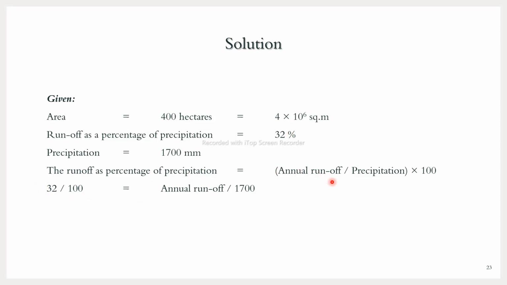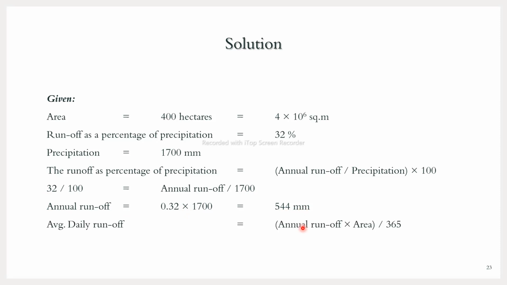This equals the annual runoff divided by the precipitation. Now the precipitation is given as 1700, so we put that value here. So the annual runoff comes to 1700 into 0.32 equals 544. Remember the unit, it is millimeter.